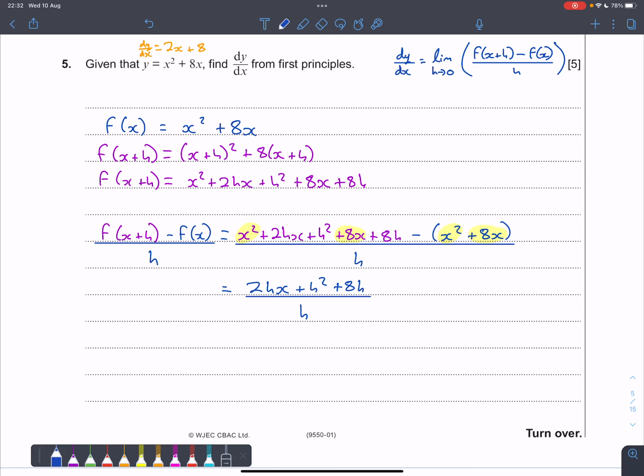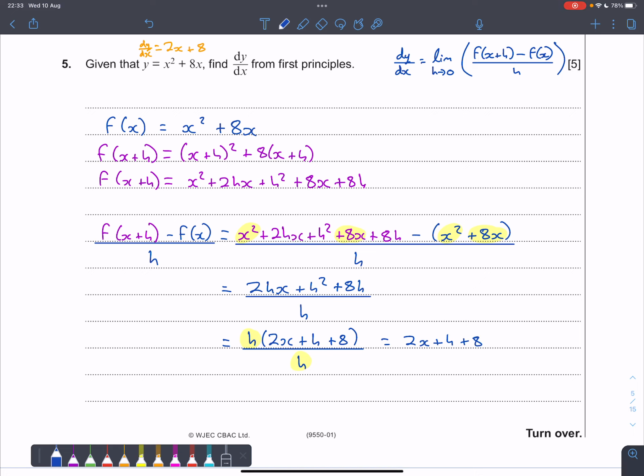H is a factor of everything on the top, so h lots of 2x plus h plus 8, all over h. We have a multiple of h on the top and we're dividing by h on the bottom, so they will cancel, leaving us with 2x plus h plus 8.